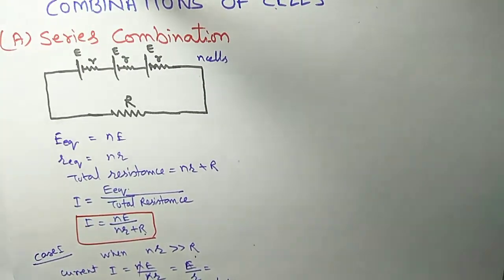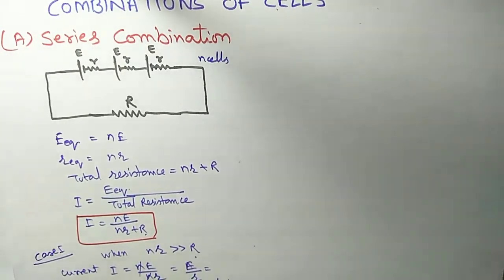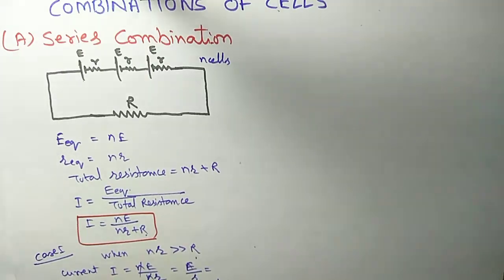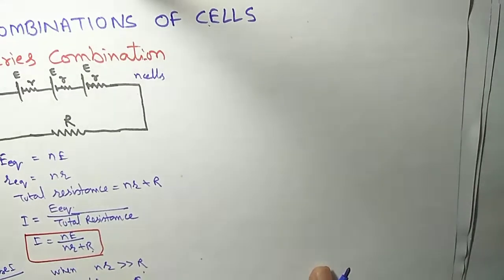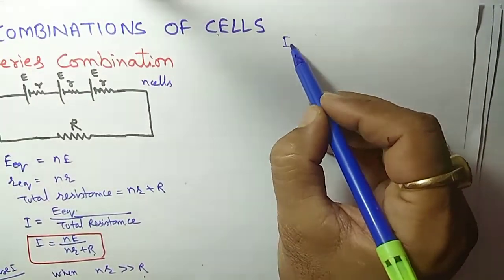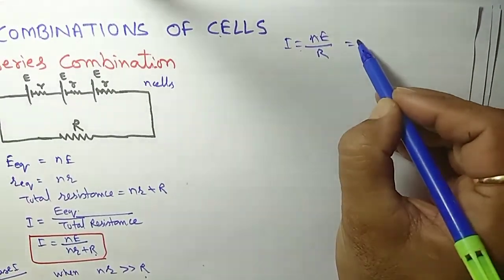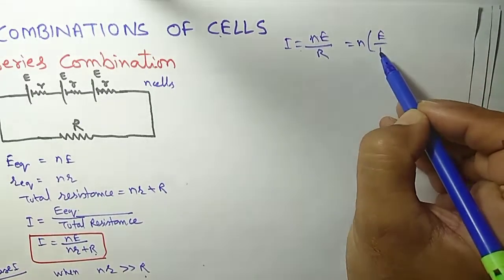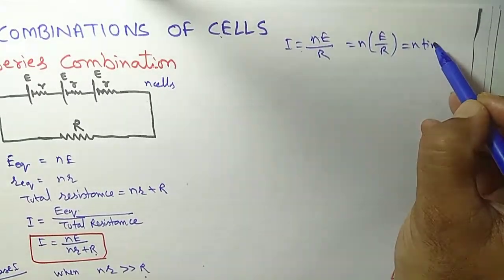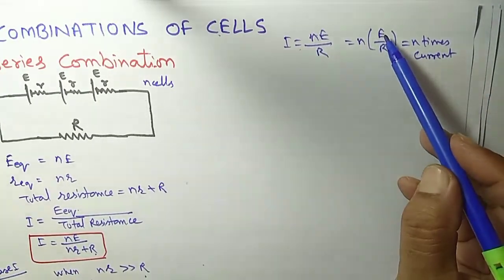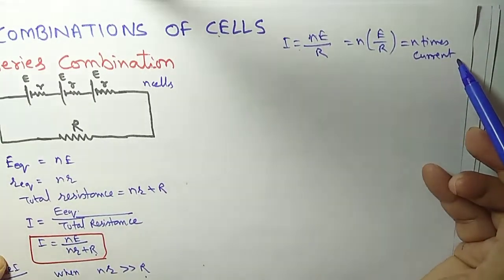Is it clear? Now the second case, when nr is very much less than capital R. We are neglecting nr here. In this case, I is equal to nE upon R. That is n times the current, because the current given by one cell is equal to E upon R. So we get n times the current.